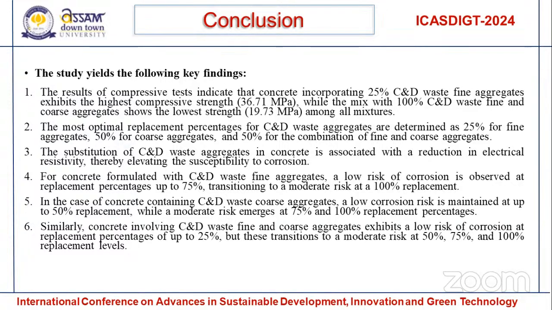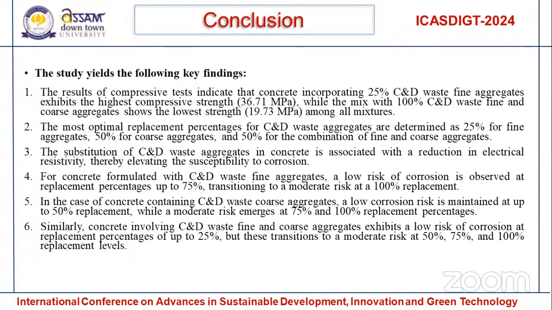The substitution of CND waste aggregate in concrete is associated with a reduction of resistivity, and therefore relative susceptibility to corrosion. For concrete formulated with CND waste fine aggregate, there is a low risk of corrosion at replacement percentages up to 75%, transitioning to a moderate risk at 100% replacement.